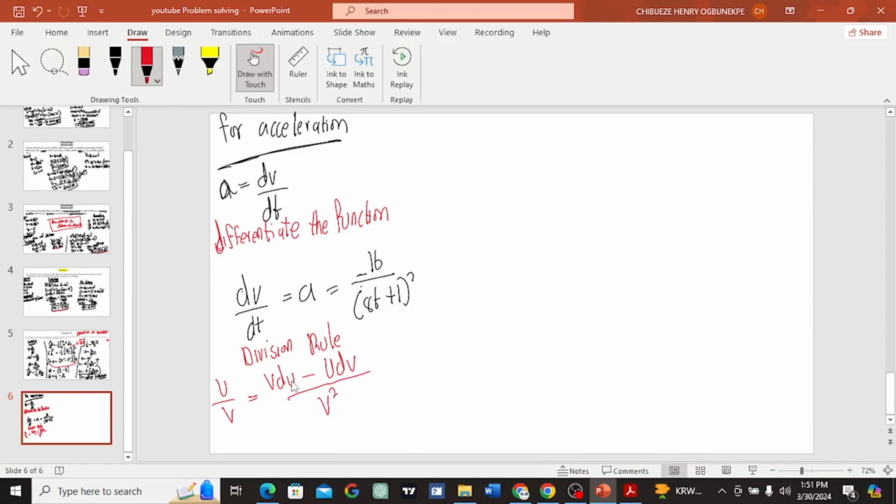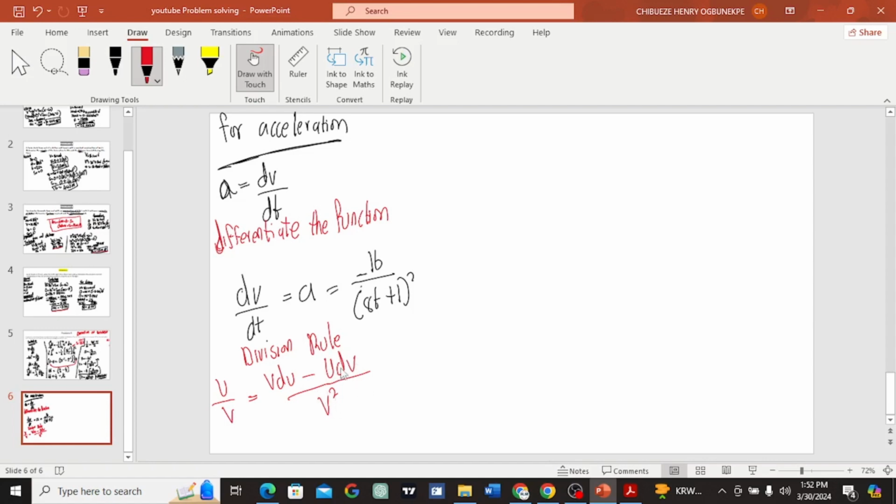If u is constant, the derivative of u is 0. If you are to find for the constants, you'll be using u over v equals u dv over v squared.